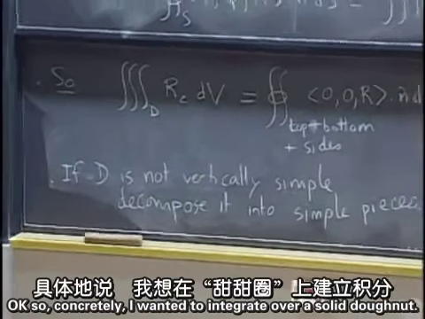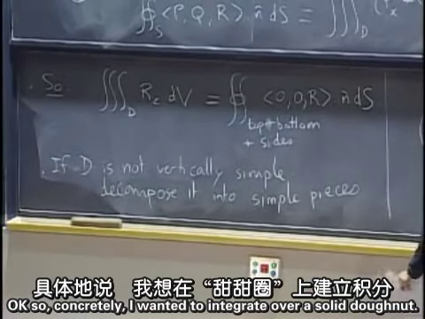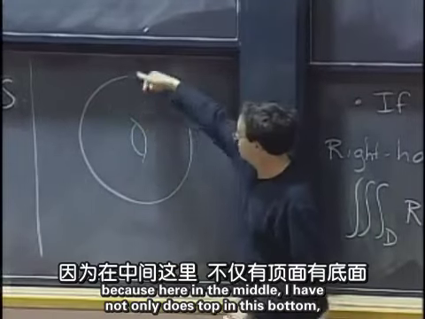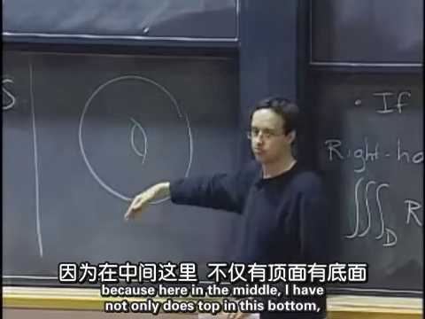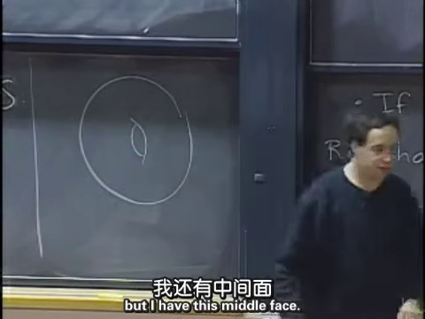Okay, so concretely, say that I wanted to integrate over a solid donut, then that's not vertically simple because here in the middle I have not only this top and this bottom, but I have like this middle face.